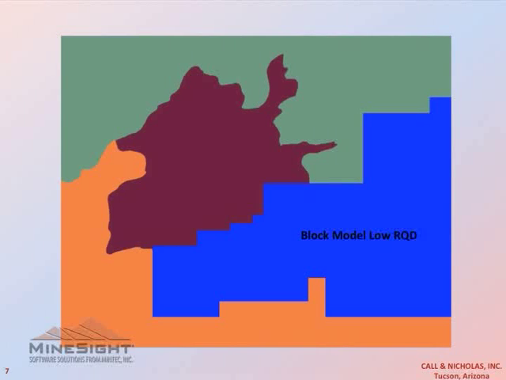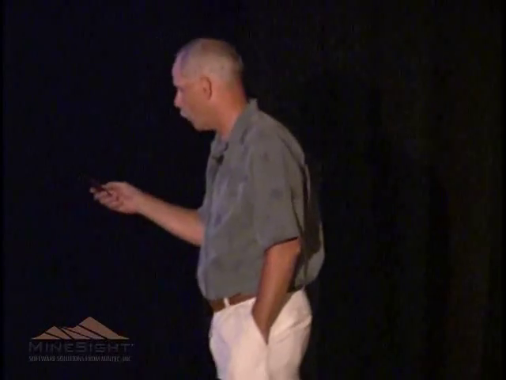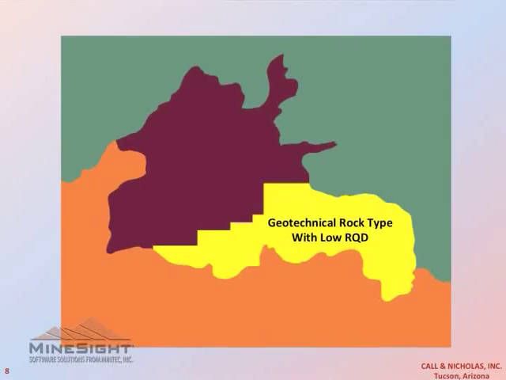You can then also take the RQD in the block model and segregate that geotechnical rock type into two geotechnically different zones. So you may end up with one geotechnical rock type with a low RQD, and the other with a higher RQD. It's a way to communicate adverse conditions geotechnically to management or for use in our geotechnical analysis.